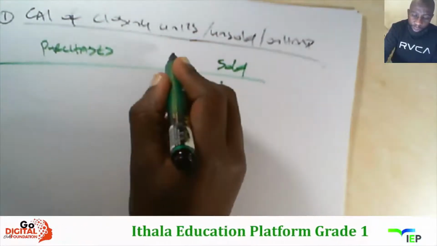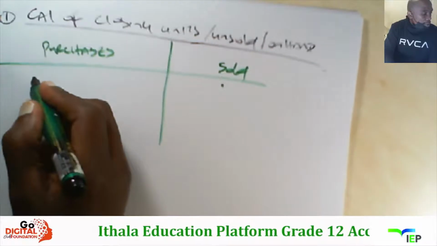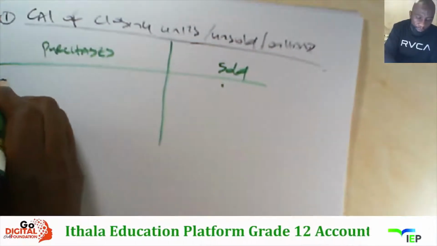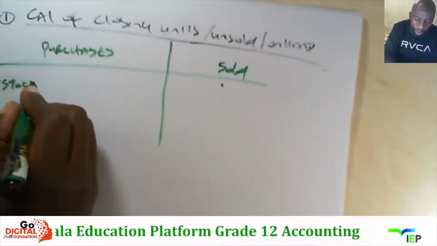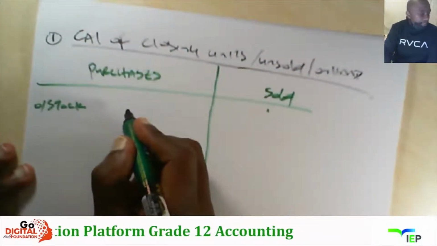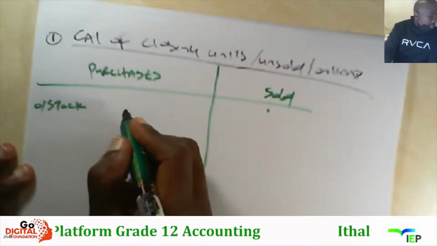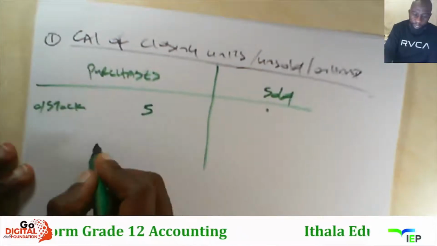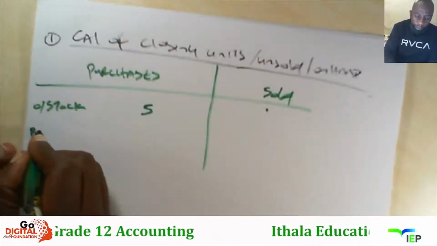I said to use this method. It's very easy. So it's the opening stock units. We're talking about the units here, not the figures, the units. Opening units is 5. So there are 5 units. Now purchases.